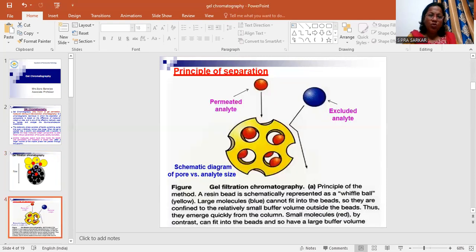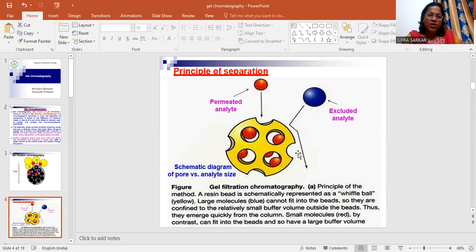Now here we see the permeated analyte that can be fixed, and the excluded analytes that will not be fixed into the gel; it is excluded, and the analyte that elutes later has to be analyzed. In gel filtration chromatography, the principle of the method, a resin bead is schematically represented as a wiffle ball, yellow colored.